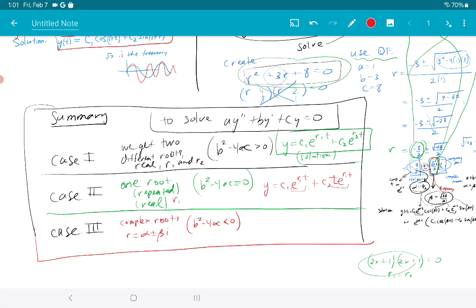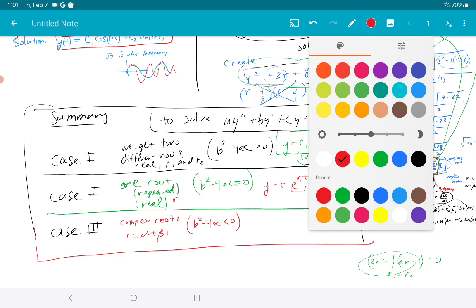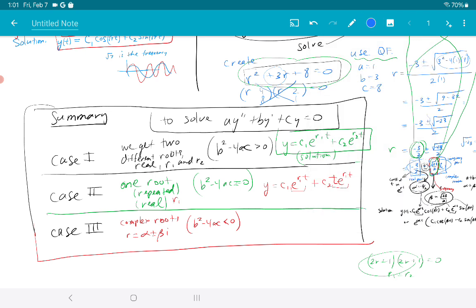And that's what we just learned today. What's the solution? Well, I'm running out of colors here. I'll pick something. Okay, here's the solution. The solution is y equals, we take that alpha part, and we start with c1, and then e to the alpha t, and then the beta becomes the frequency in a sine and a cosine, so we'll go cosine of beta t.